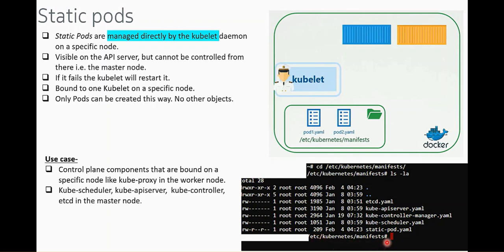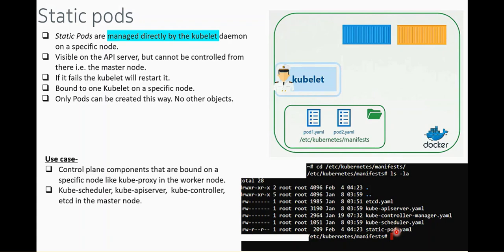so that whenever the master node boots up or gets created, all these components will be automatically created with it. So any component that you want to create without kubectl or the kube API, you have to create it as a static pod.